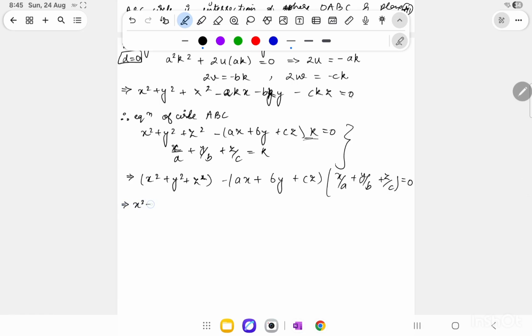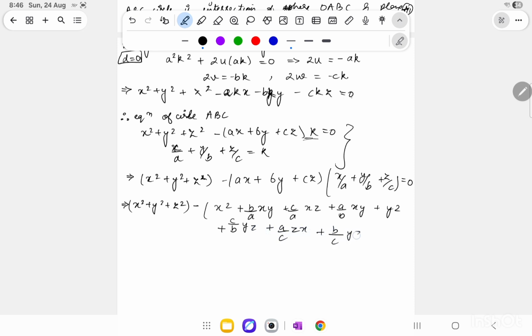If we simplify it, we get x square plus y square plus z square minus x square, plus b by a xy plus c by a xz plus a by b xy plus y square plus c by b yz plus a by c zx plus b by c yz plus z square equals 0.